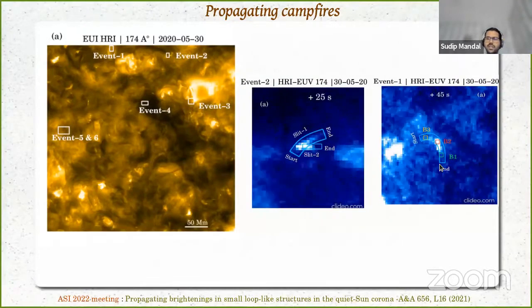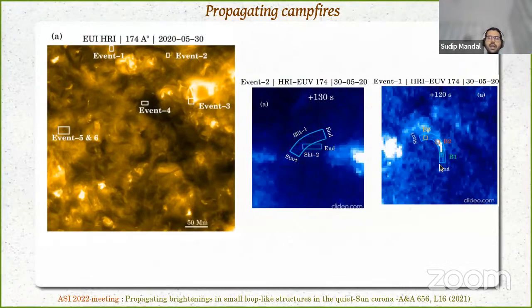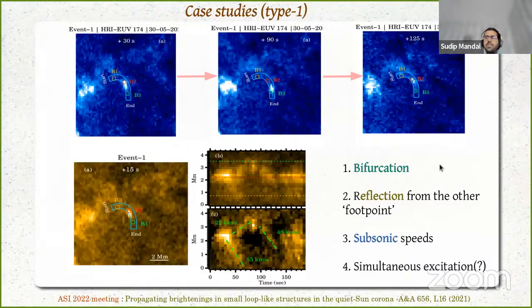In order to get some quantitative idea about them, we use time distance diagrams. These are some snapshots which will again give you a clear indication that over time they move from the middle of the outlined box towards one end and then go back. If you create a time distance map, you get a structure like this, where it shows that from one of the foot points, it bounces back.